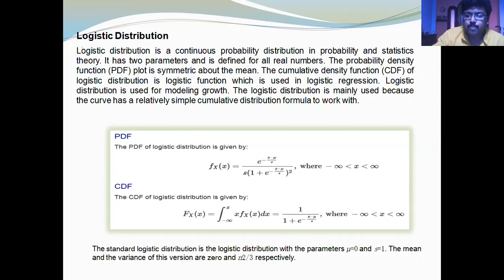That is, the location parameter is 0 and the scale parameter is 1. The mean of the standard logistic distribution is 0 and the variance is pi squared by 3.